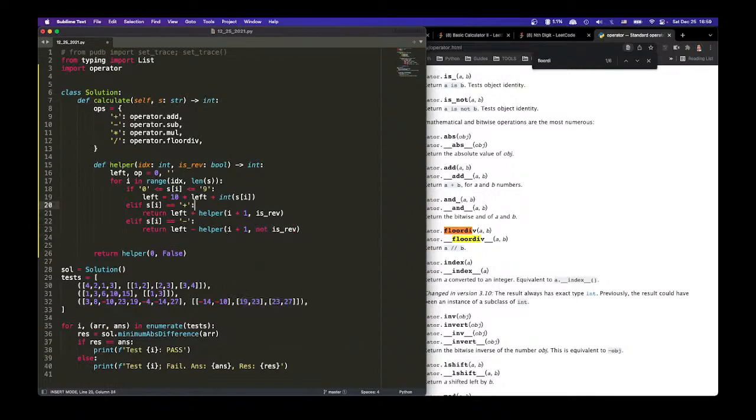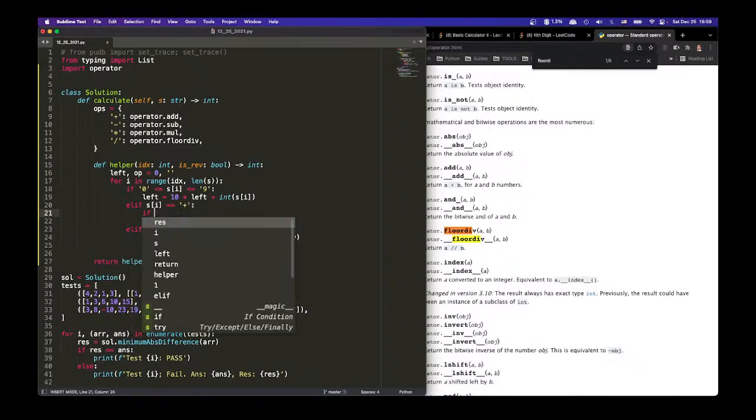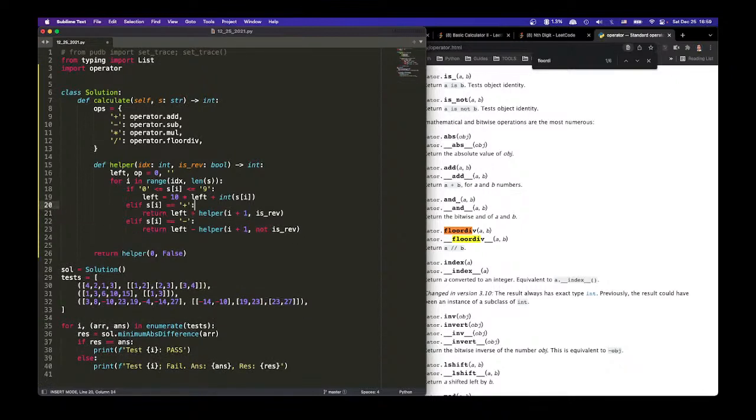And then we have to handle this, right? So if it's a plus sign, then we have to also check if is rev, right? Oh, hold on. If it's a plus sign, and if we need to reverse, then this is not going to be plus, it's going to be minus, right?